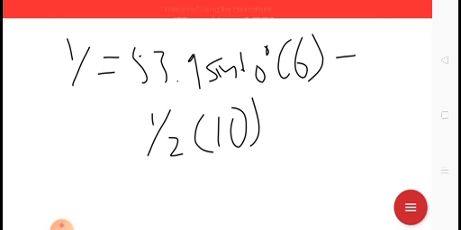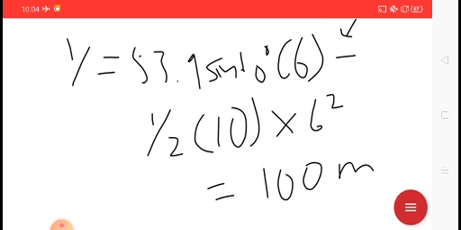If you worry about positive and negative, you can keep this positive first, then put g as negative 10, no issue. That way you know it is a deceleration, times t squared. So you should get a vertical displacement of 100 meters after 6 seconds.